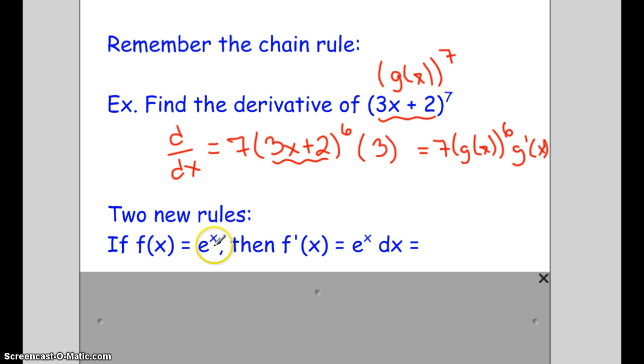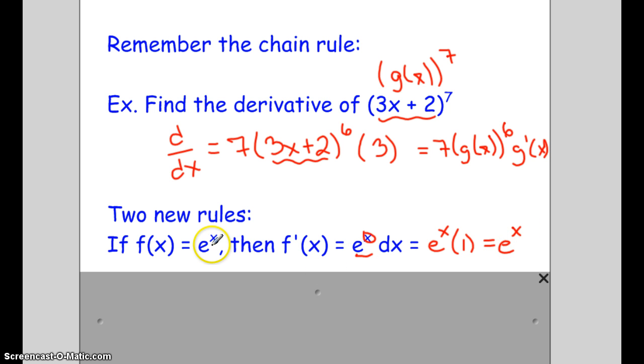So when we take the derivative of e to the x, it is just e to the x, but then we have to take the derivative of the exponent, which we're calling dx. In this case, the derivative of x is just 1. So really we'd be saying e to the x times 1, or just e to the x.